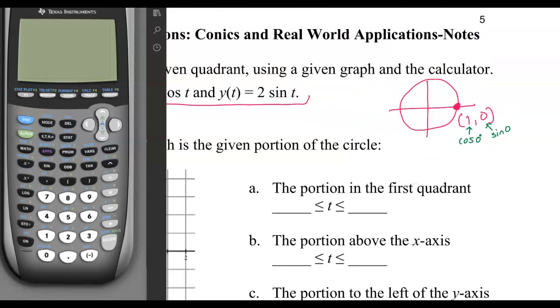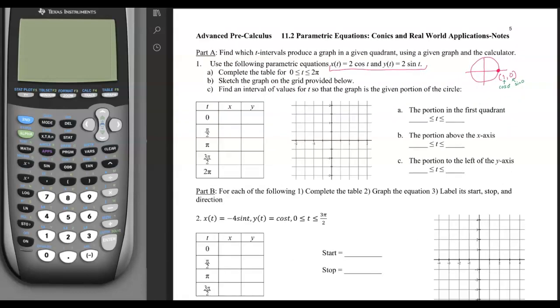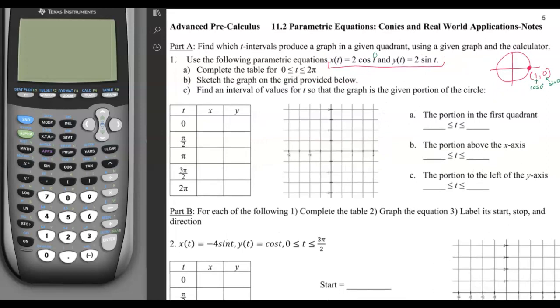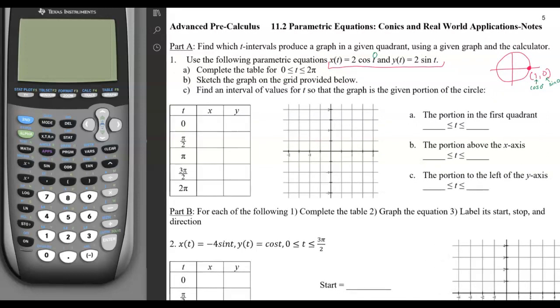So, for this first value, which is 0, I'm plugging in 0 for t. We have to ask ourselves, what is the cosine of 0? And we can get the answer thinking about our unit circle. What is the cosine of 0? Yes, 1, right? Because that is the x value at that point. So the cosine of 0 is 1.